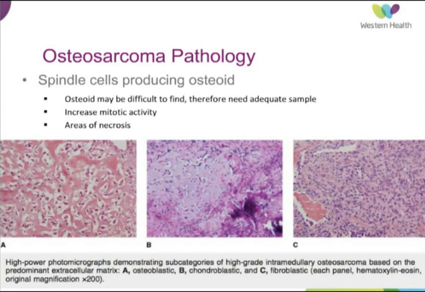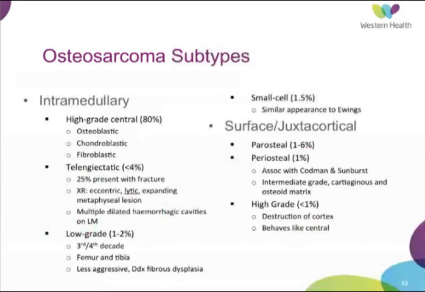So they're all making osteoid, but they can be further grouped into osteoblastic, chondroblastic, or fibroblastic. So mainly osteoid producing, mainly cartilage producing, and mainly fibrous producing.